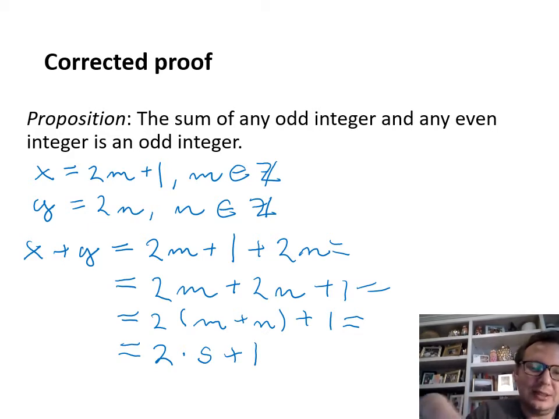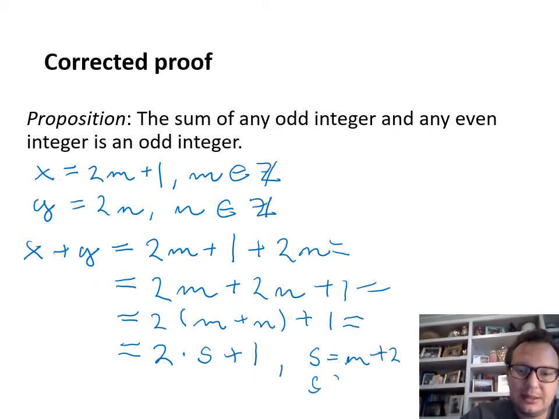And we can do that where s is equal to m plus n, and s is an element of Z by closure of addition. Let me write this on the side, closure.